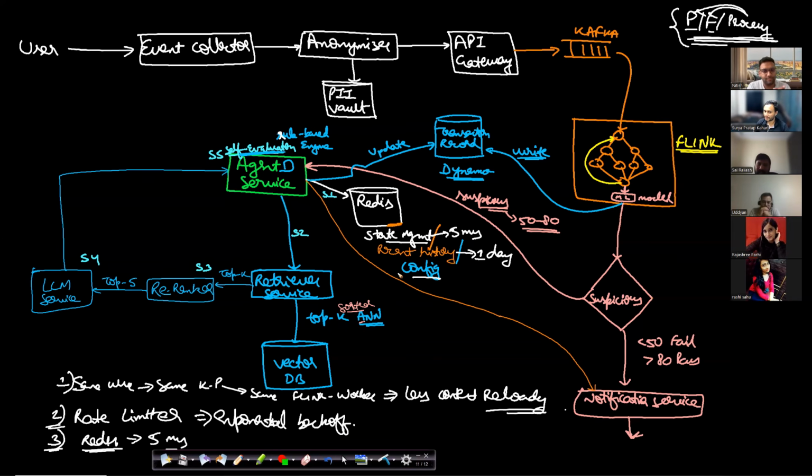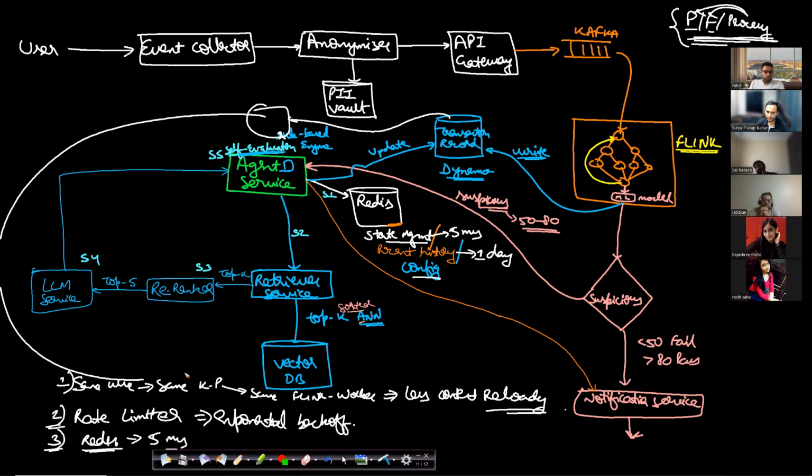The vector DB should be updated with all the events that are taking place. So there must be some processor which pulls the transaction record from Dynamo and puts it into the vector DB in the form of embeddings. How this process happens, we will explain in the AI class, like how your transaction gets converted to a vector embedding.